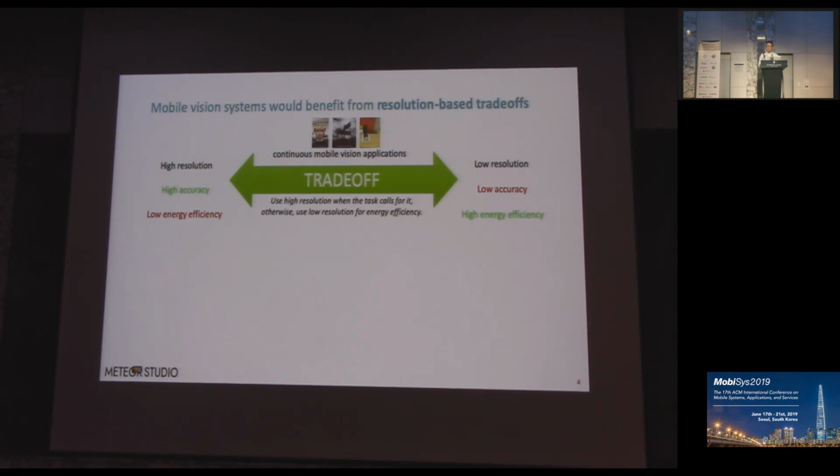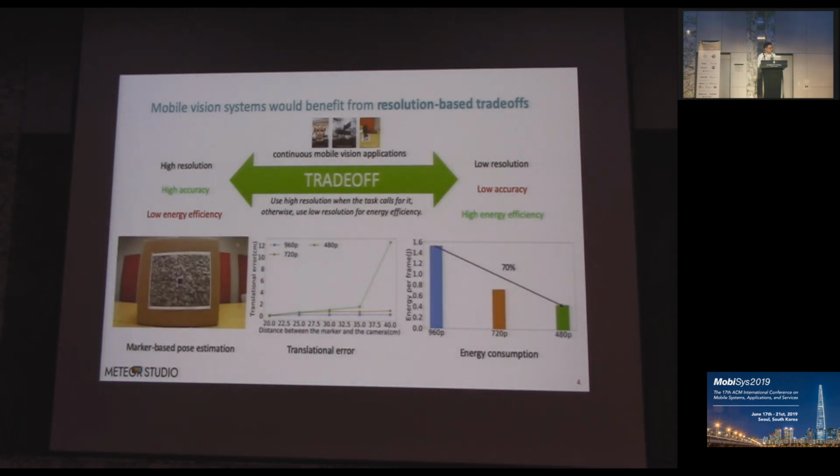We verify this trade-off by studying a marker-based pose estimation application. Marker-based pose estimation forms the foundation for many AR frameworks, including Vuforia, ARCore, and ARKit, for image-based environmental understanding and motion tracking. Our case study shows that, based on the distance between the camera and the marker, the task requires different resolutions to ensure reasonable accuracy.